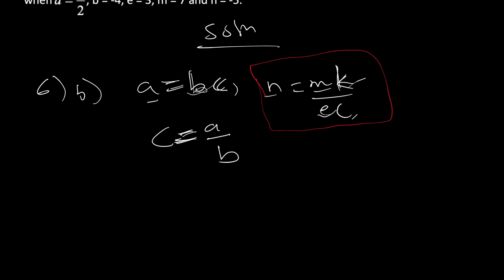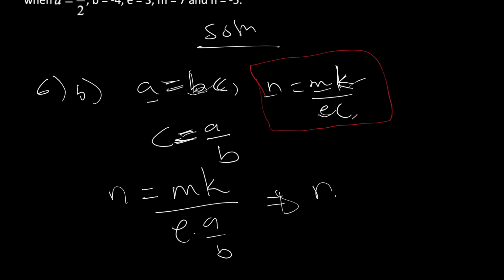So we have N is equal to MK all over E multiplying A over B. Now this can be written as N is equal to MK all over EA over B.